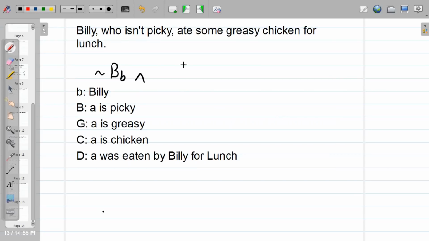We're saying there exists at least something such that it is greasy chicken and Billy ate it, right? So there's an existential for us. There exists an x such that it's got the property of being chicken and it's got the property of being greasy and it's got the property of having been eaten by Billy for lunch. There we go.